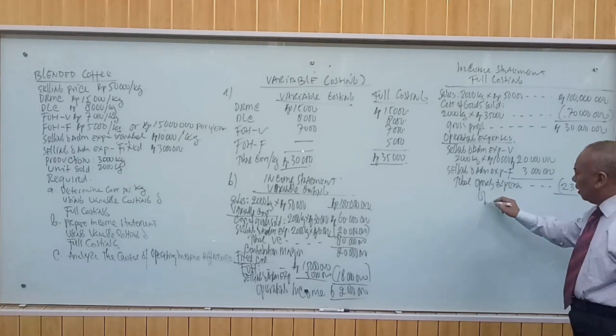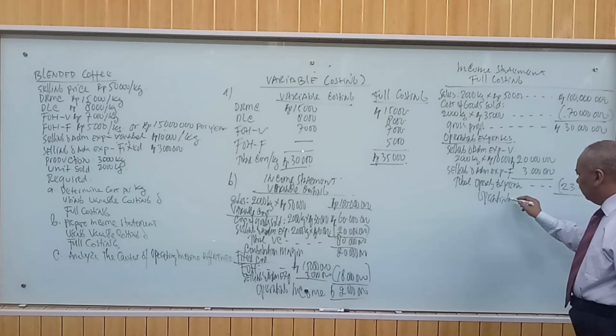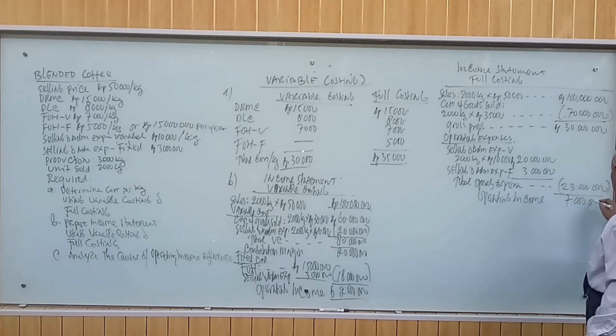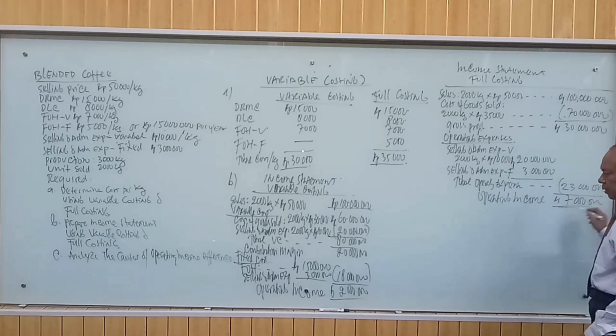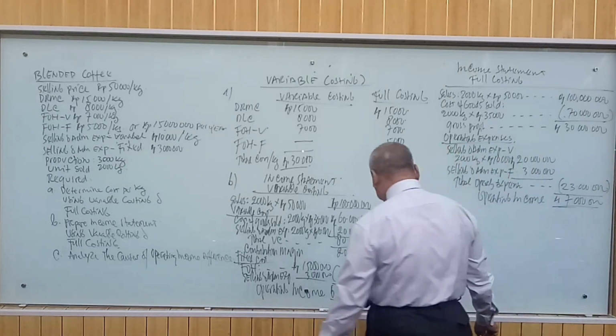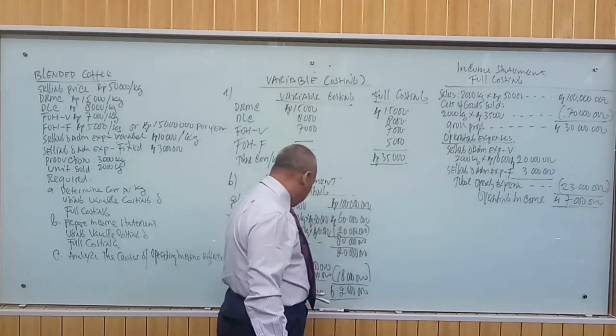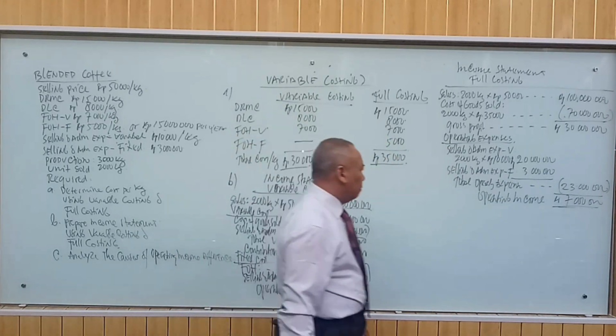So we have the operating income of 7 million. The operating income using full costing is higher.